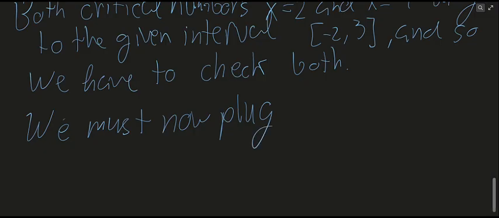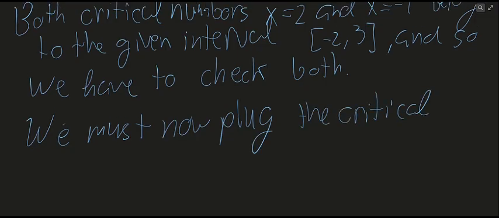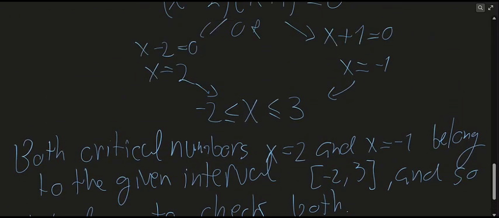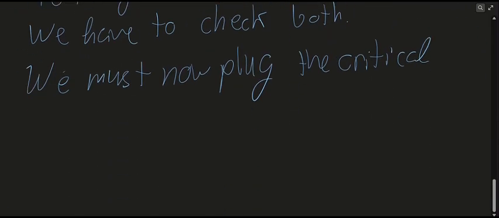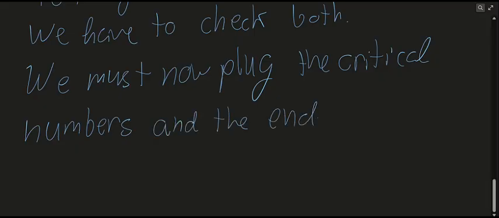plug the critical numbers, which in this case are x equals negative 1 and 2, and the endpoints into the original function.